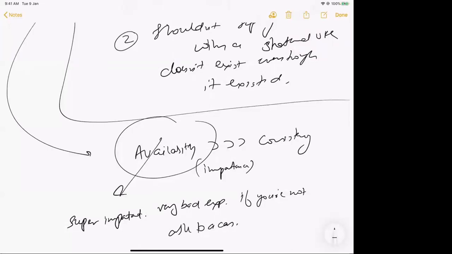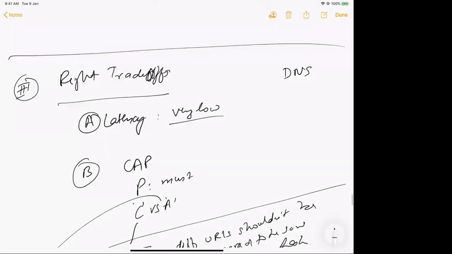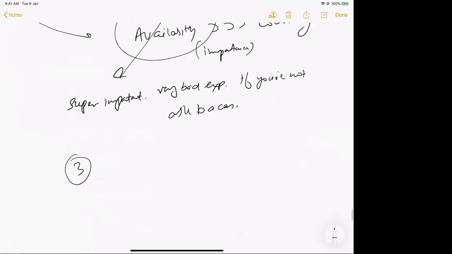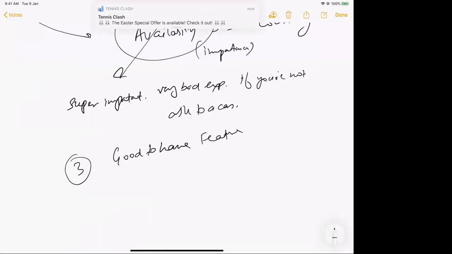This is done. So we discussed latency, we discussed the CAP theorem. Another thing that I want to point out here is one kind of good-to-have feature: the shortened URLs that you have should be as small as possible.